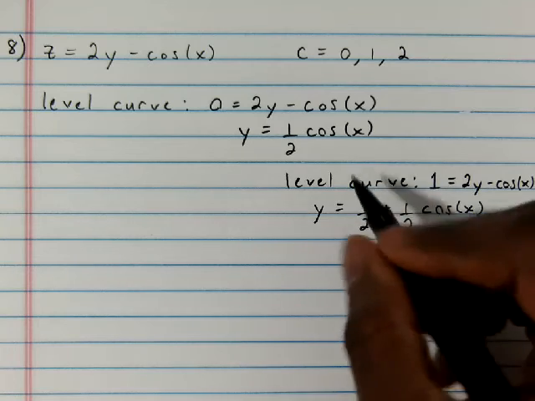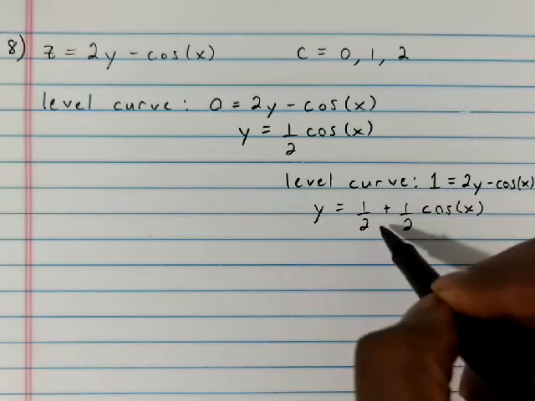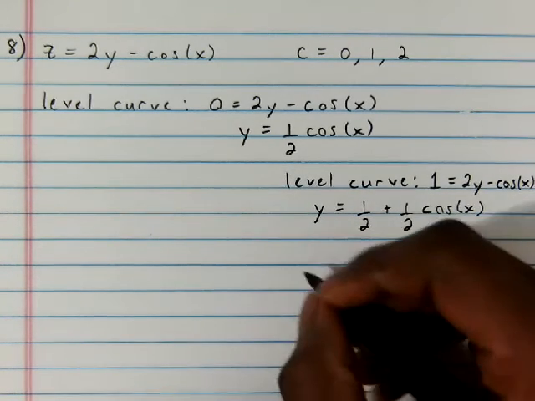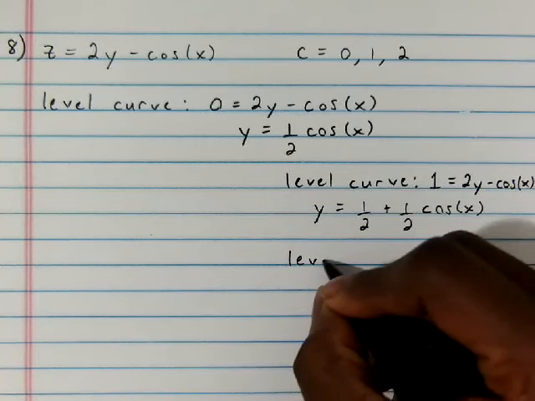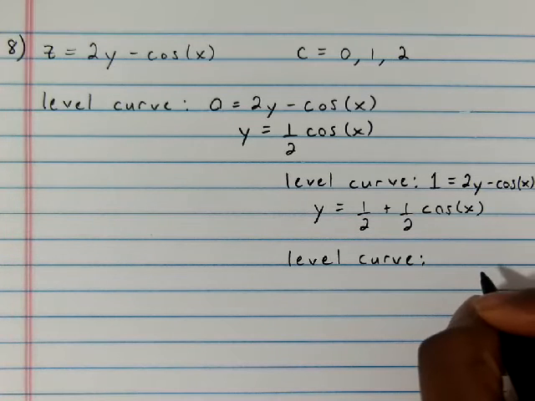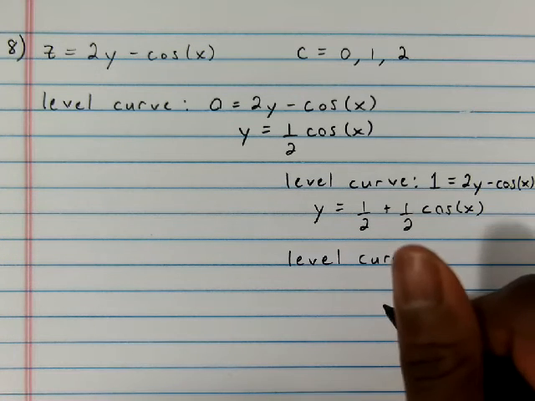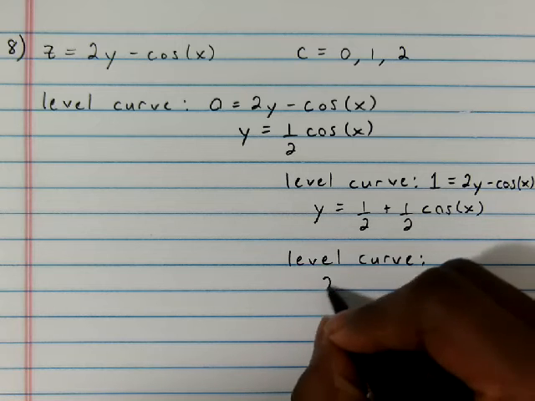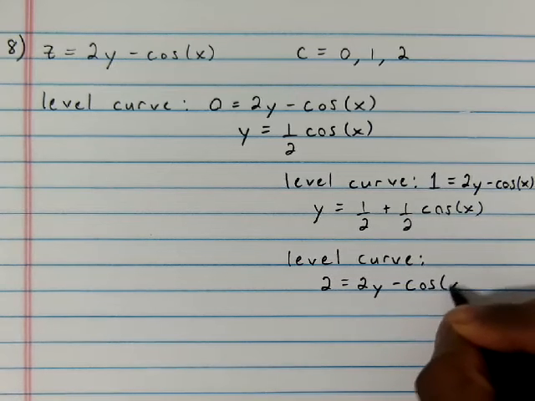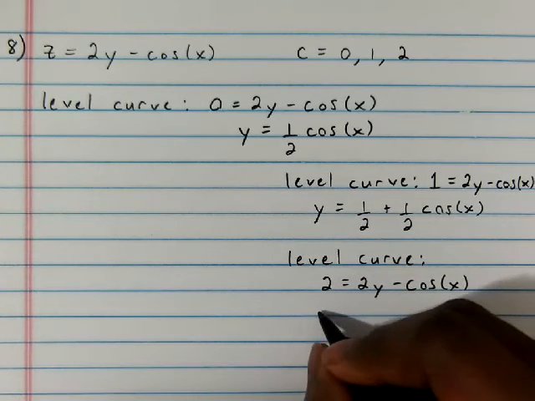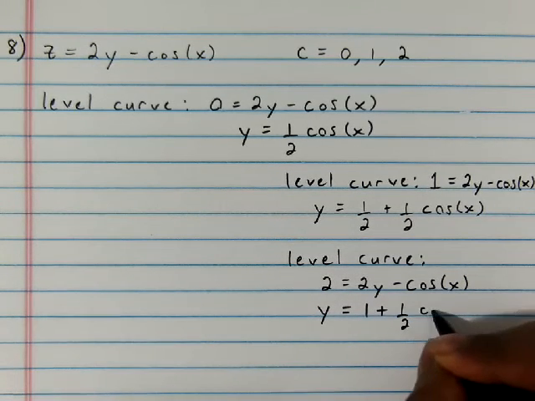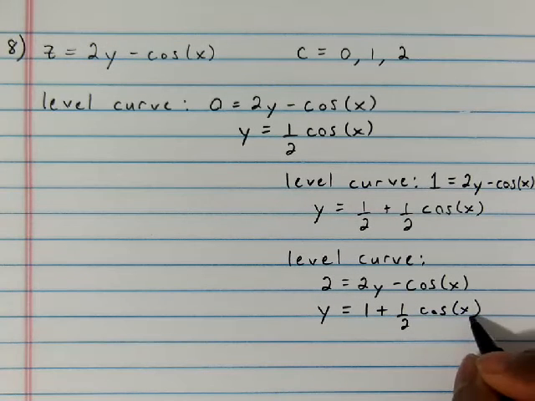The nice thing about it is it's that same thing that we have there, but now it's shifted up 1/2. So we don't have to do anything fancy to draw between those different graphs. Just like in our last one, where we had 2 hyperbolas. The last level curve we have is 2. So if we do 2 equals 2y minus cosine of x, then that is going to give us y equals 1 plus 1/2 cosine of x.